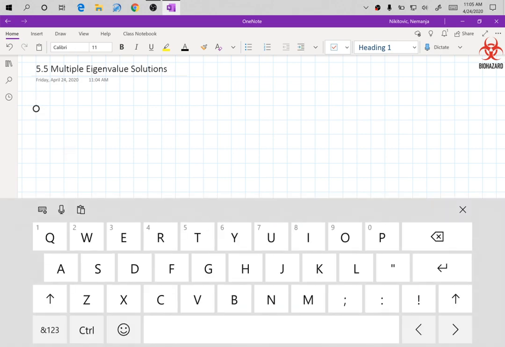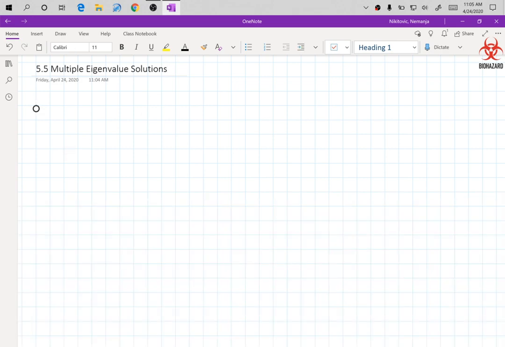Hello and welcome back to Differential Equations, section 5.5 on multiple eigenvalue solutions. We have seen the distinct eigenvalue solution with associated eigenvectors, and we have seen the complex eigenvalue solution.